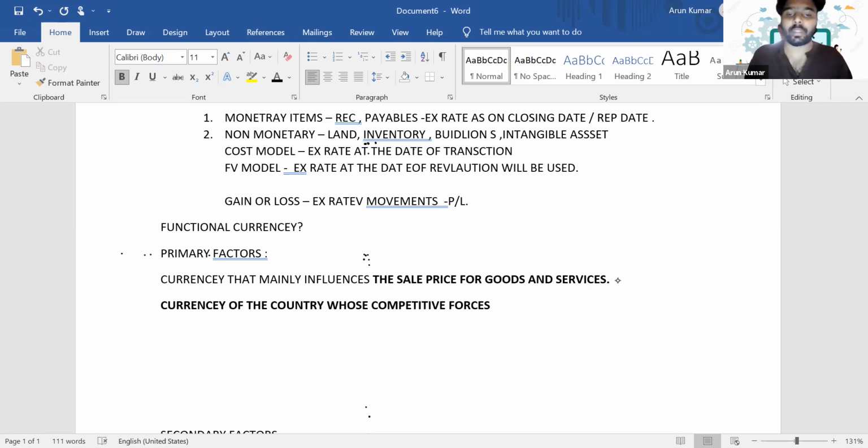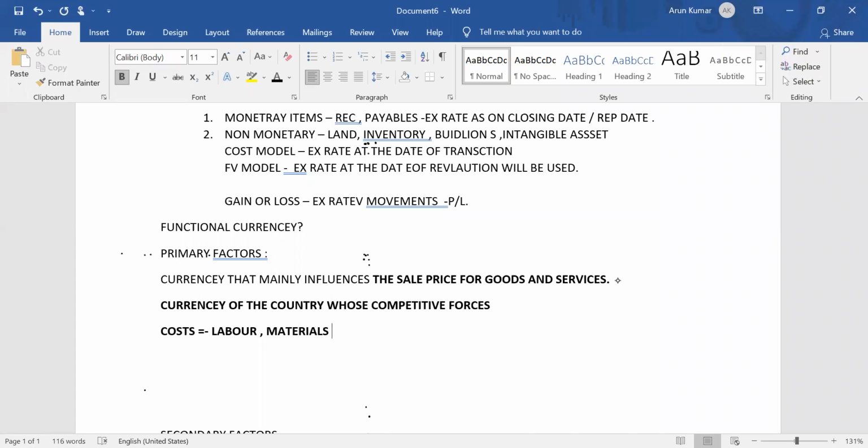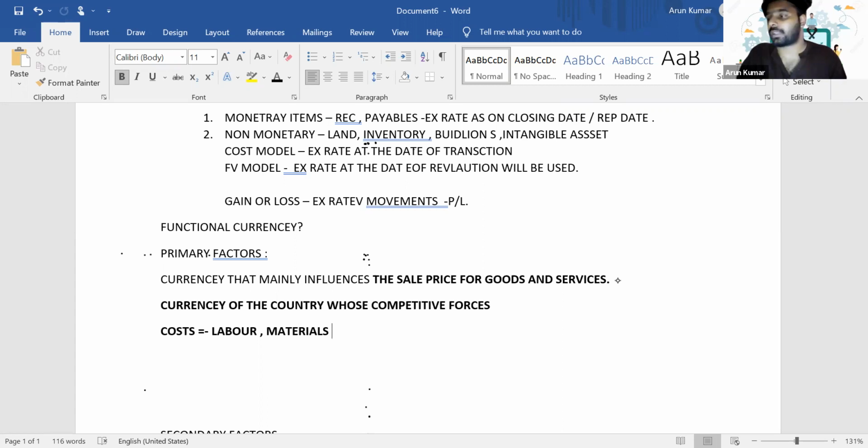And finally, the currency in which we will incur our costs, such as labor, material, and other costs of providing goods and services. So these are the primary factors that we'll consider to determine the functional currency. Is it clear, everyone?